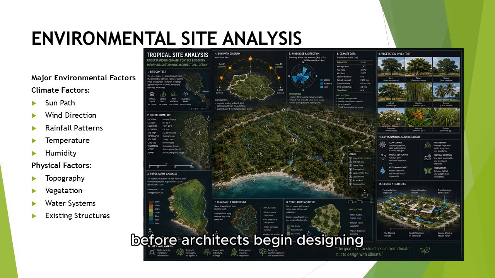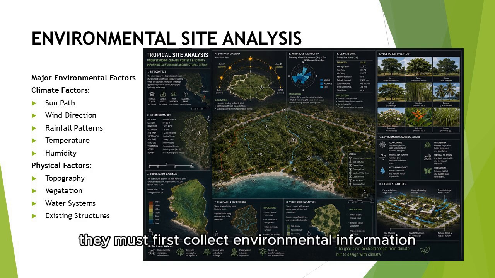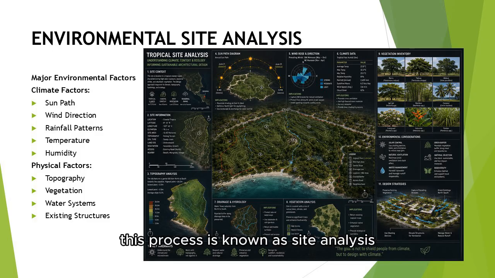Before architects begin designing, they must first collect environmental information. This process is known as site analysis. Environmental site analysis identifies how the site behaves environmentally. Key information includes climate factors: sun, wind, rainfall, temperature, humidity.